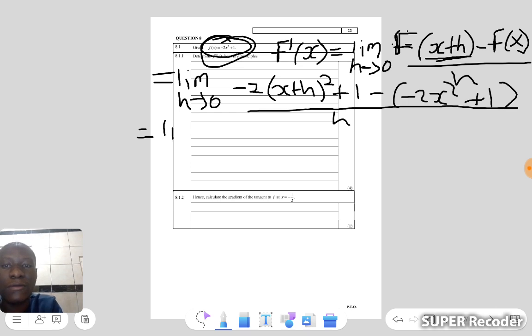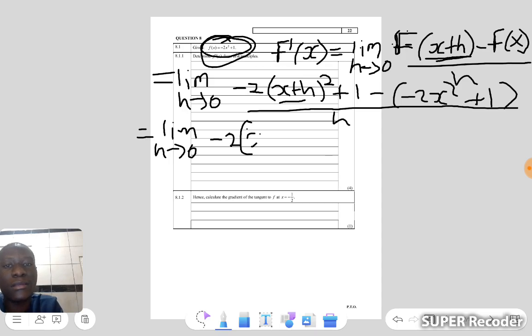So here we have the limit as h approaches 0. What we need to do right now is just simplify. Negative 2, let's leave it outside for now. We have to expand x plus h squared.